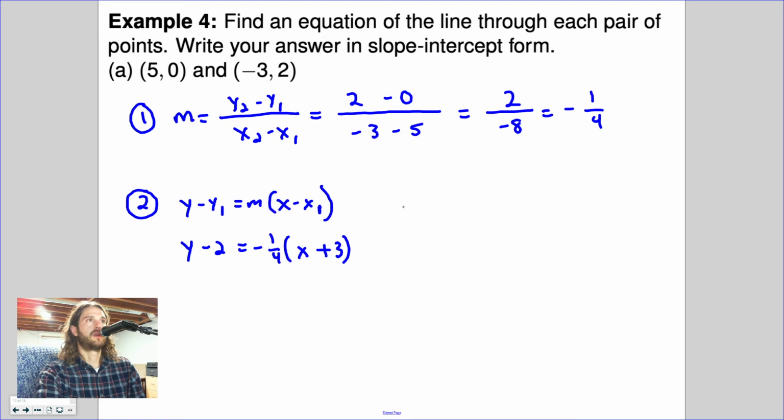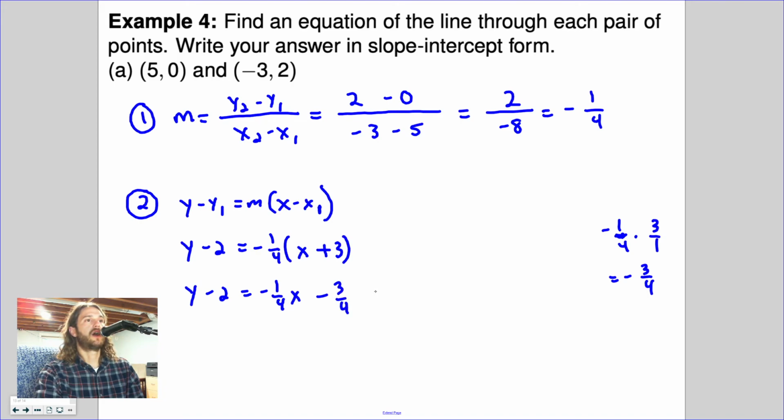Okay, so plugged in here, and then we can distribute that negative 1/4, which would be minus 1/4 x, and then negative 1/4 times 3 over 1. Negative times a positive is a negative. It'll be negative 3 over 4. Okay, so it's going to be minus 3 over 4.